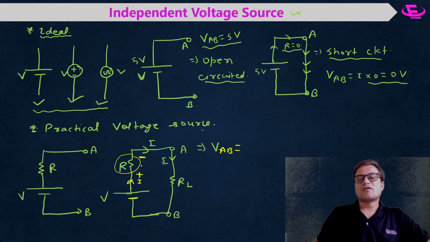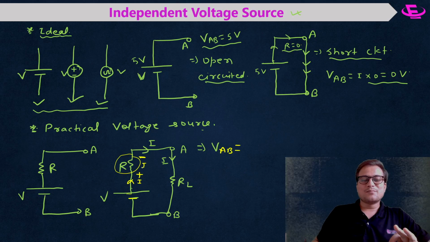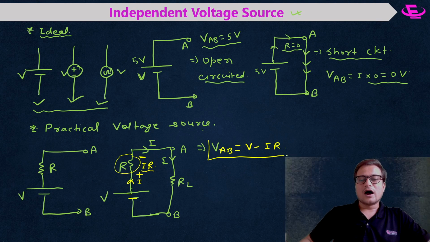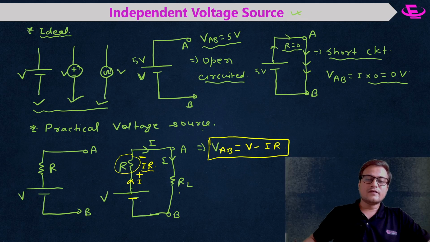What is the value of the potential drop? Current I, resistance R, simply Ohm's law: the drop will be equal to I into R. So the net voltage will be V minus I into R. This is the value of VAB for a given load.